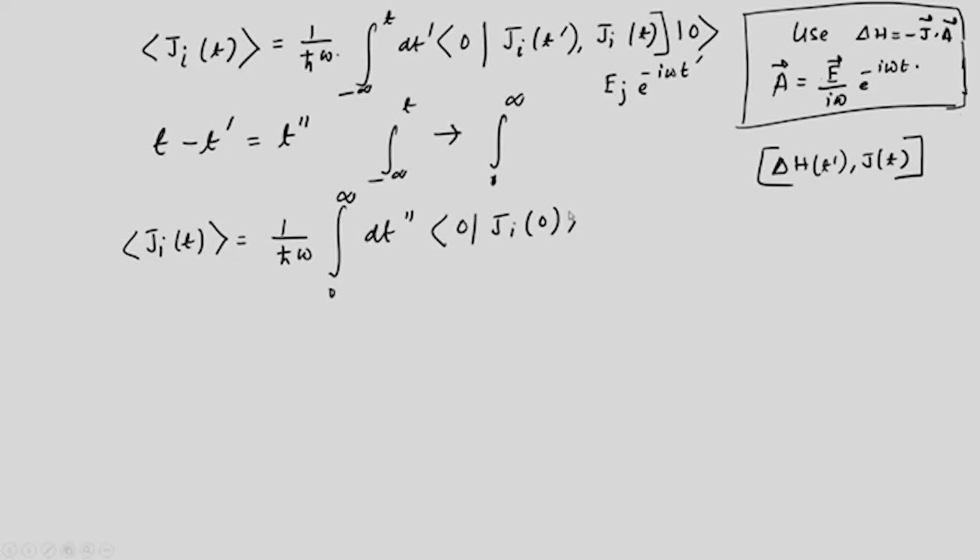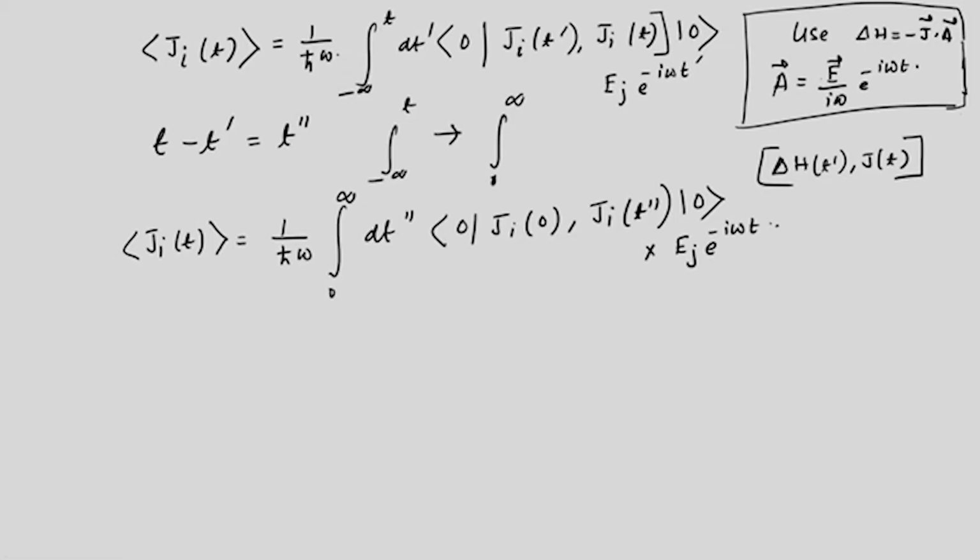So, t prime we are setting to 0, and then we are replacing t by t double prime because of the translational invariance, and this j I t double prime and 0 here, and then we will have an exponential. So, there is an exponential I omega t there inside. So, this is multiplied by exponential minus I omega t.